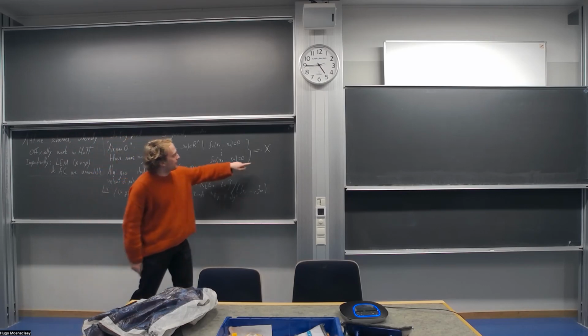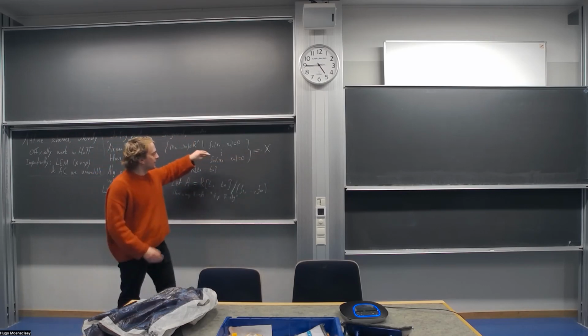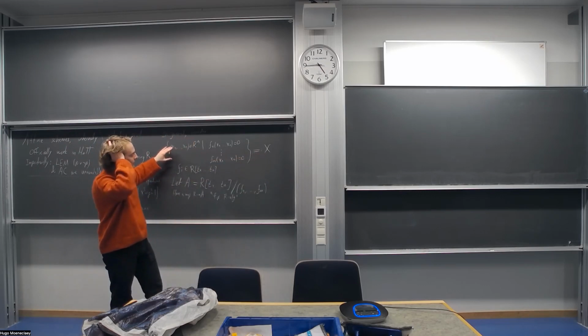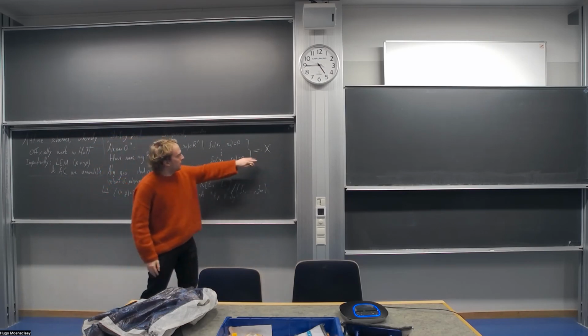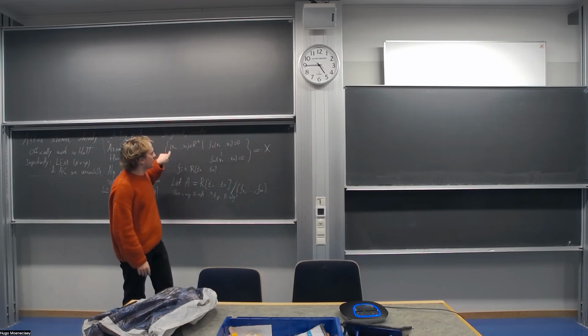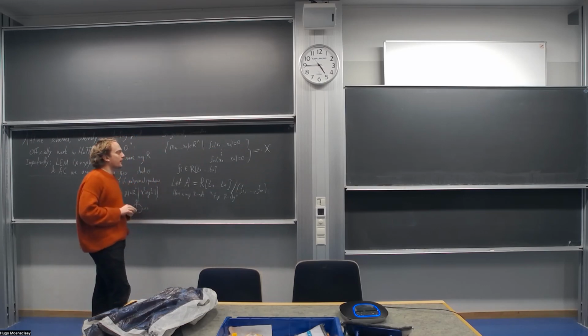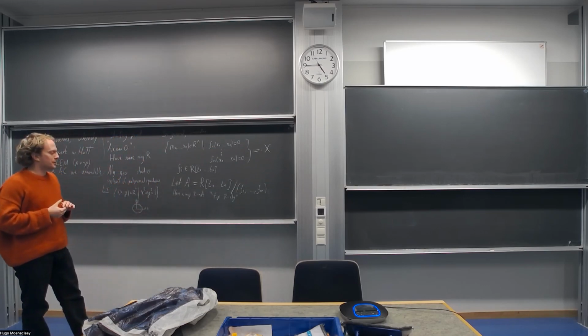For us, X is, we think of it as a space maybe, but it is literally a set or a type. X to us is literally just this set of solutions, with no other structure a priori.